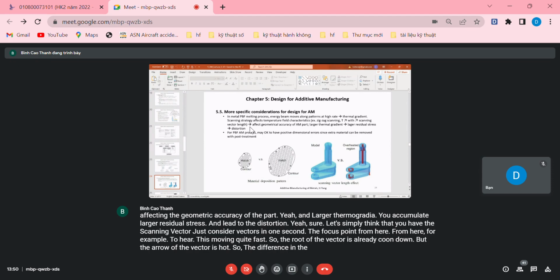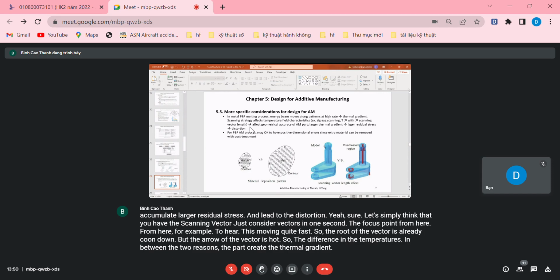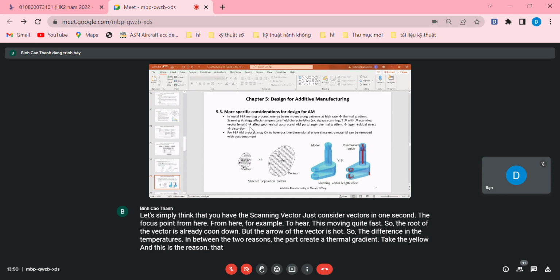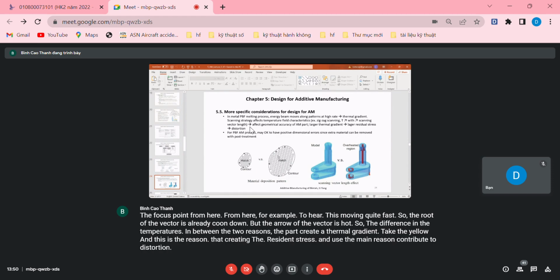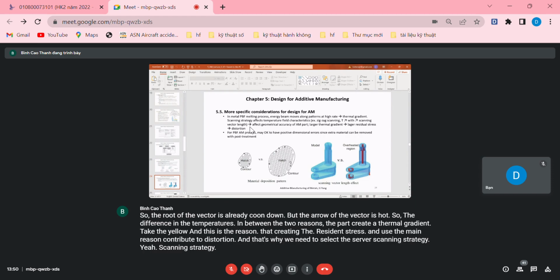So the difference in temperature between the two regions of the path creates a thermal gradient. And this is the reason that creates the residual stress, and this is the main reason contributing to distortion. And that's why we need to select the suitable scanning strategy for the laser or electron beam.